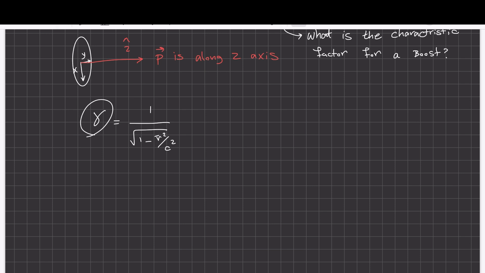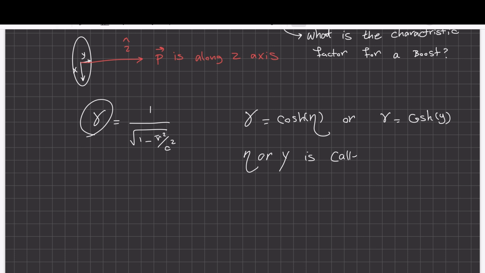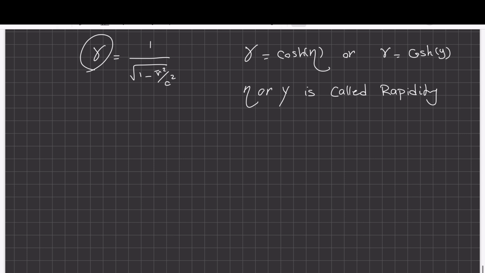This gamma is equal to the hyperbolic cosine of some variable eta that we call rapidity. Rapidity is also denoted by y, and in heavy ion collisions it's mostly y, while eta is used for pseudorapidity. But here our purpose is just to show the rapidity, so we are going to use eta. It's a little more convenient.